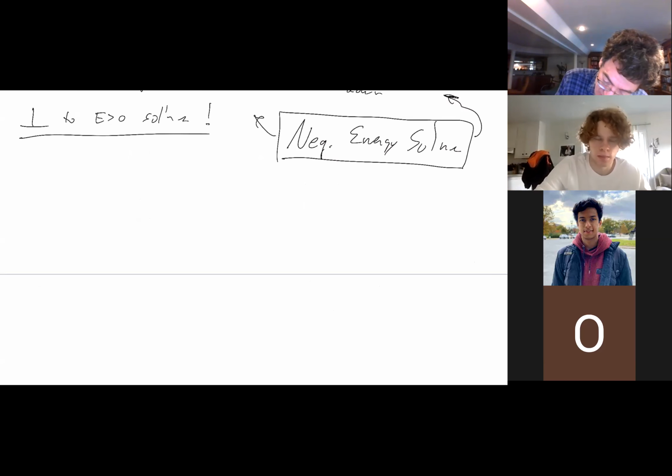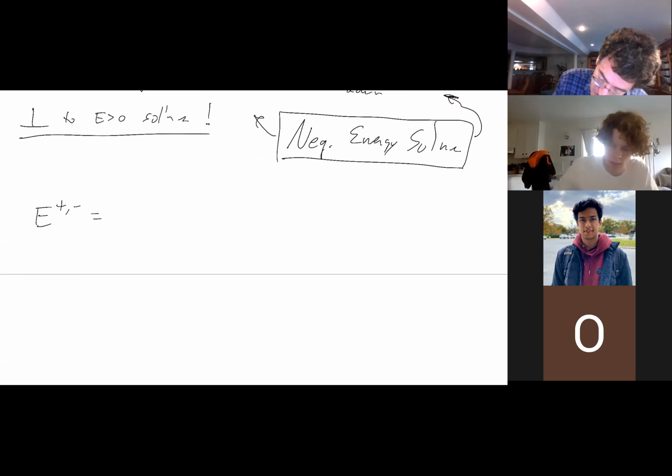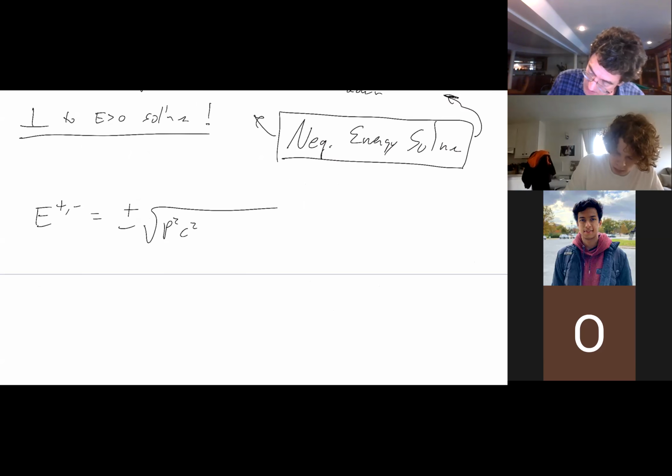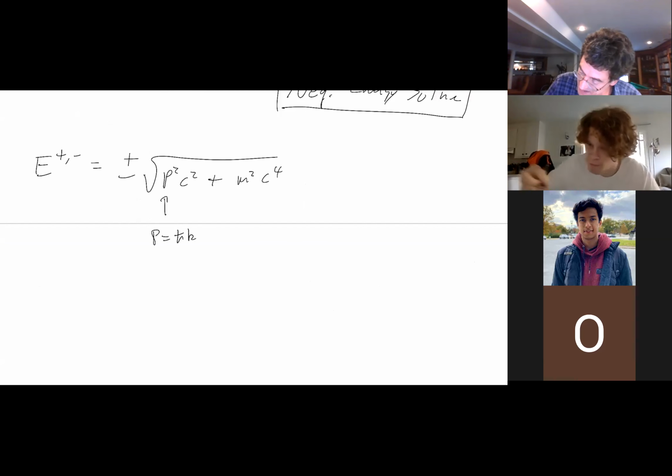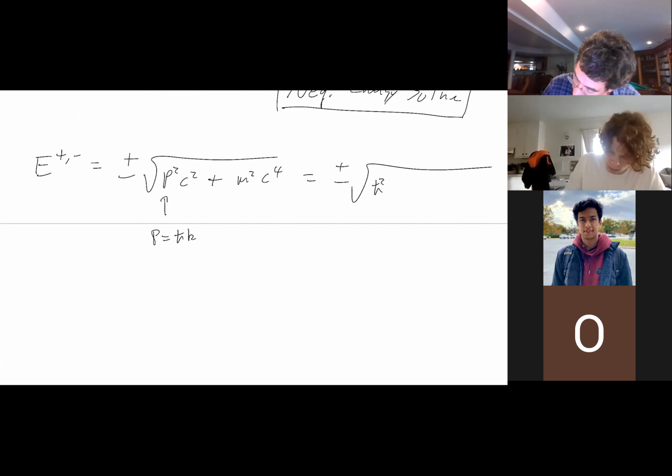E plus or minus is equal to plus or minus the square root of p squared c squared plus m squared c to the 4, where p is equal to h bar k. So I can write this as the square root of h bar squared k squared c squared plus m squared c to the 4.